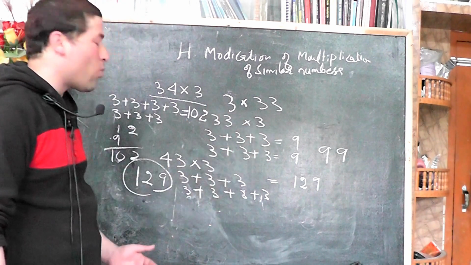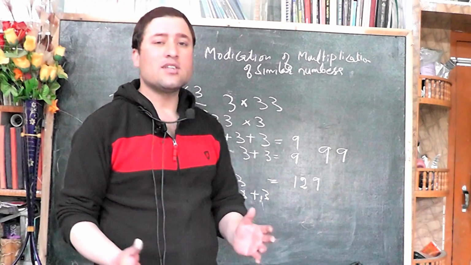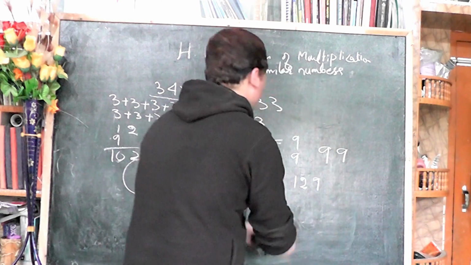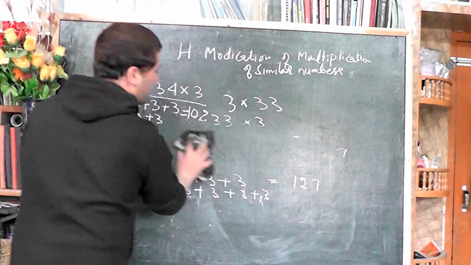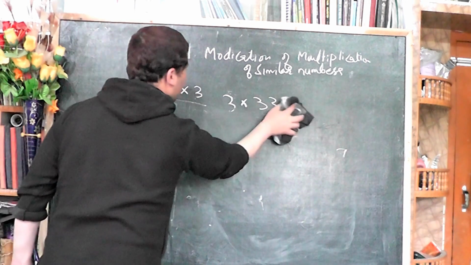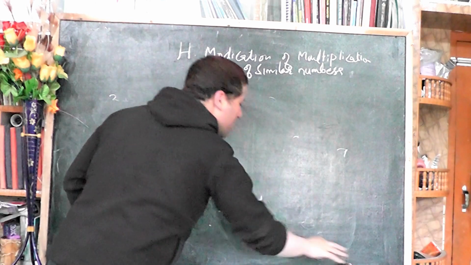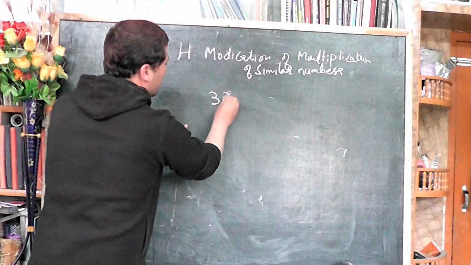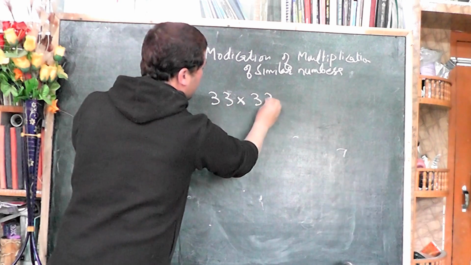So let's see now what modifications we have for the similar numbers. Let's take a pair of similar numbers here. It's 3 into 3.